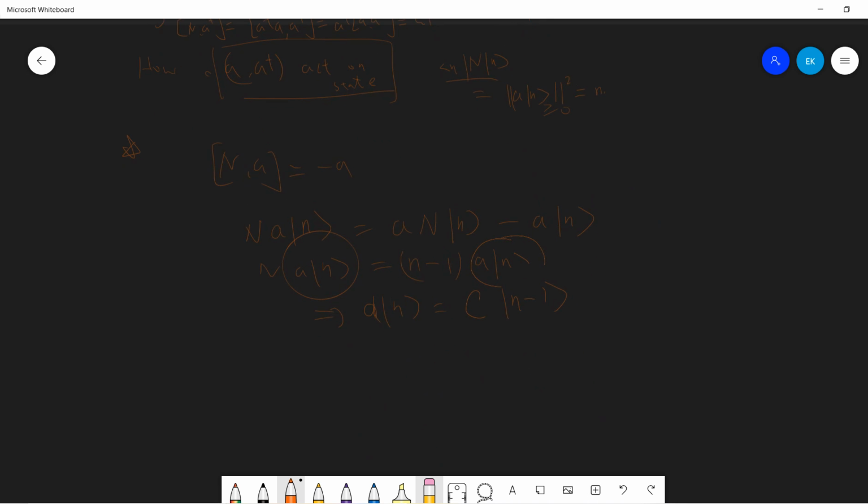So from here we hope to solve for C. It's simple, we just take the square, take the conjugate, so we get C squared, and by definition this is n, right?